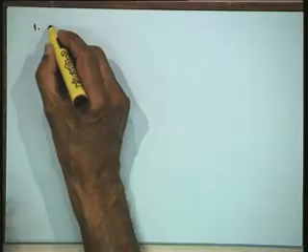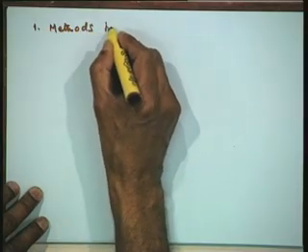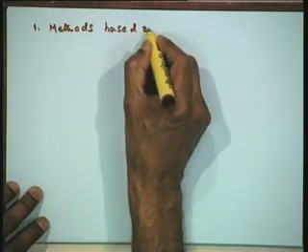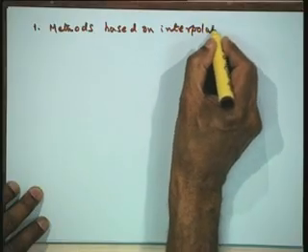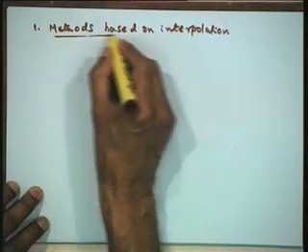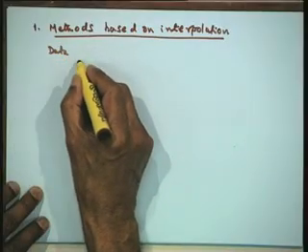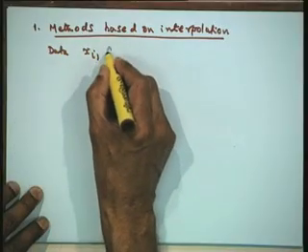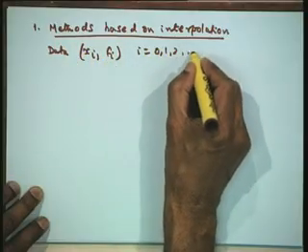So, the first one we shall take will be methods based on interpolation. Now, we are given this data, xi, fi, i equal to 0, 1 to n.